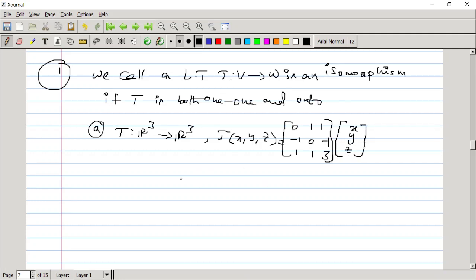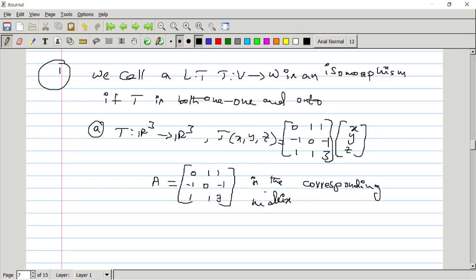The corresponding matrix of this linear transformation is A equal to the given matrix 0 1 1, minus 1 0 minus 1, 1 1 3.